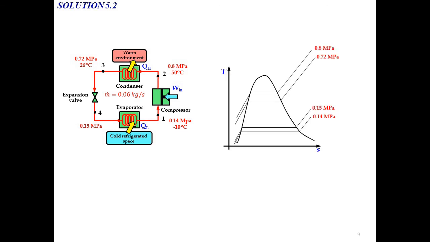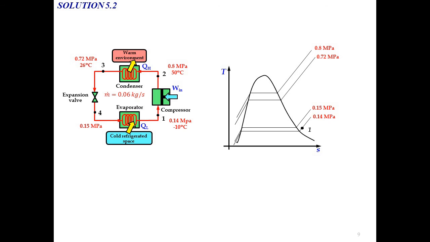Okay, now let's say the question asks you to draw the complete TS diagram. Based on the values and also the phases that you determined when you calculated the enthalpy from state number 1 to state number 4, you can now draw the exact TS diagram. You will have constant pressure lines.